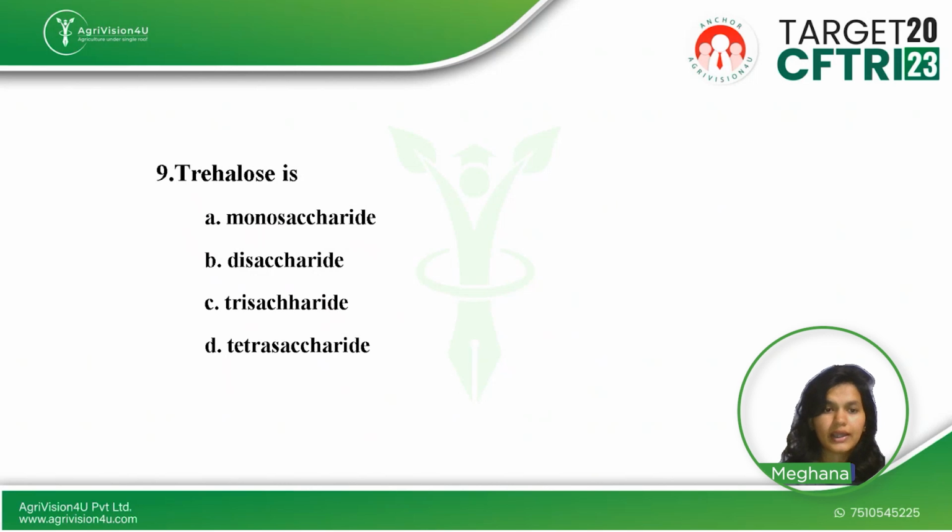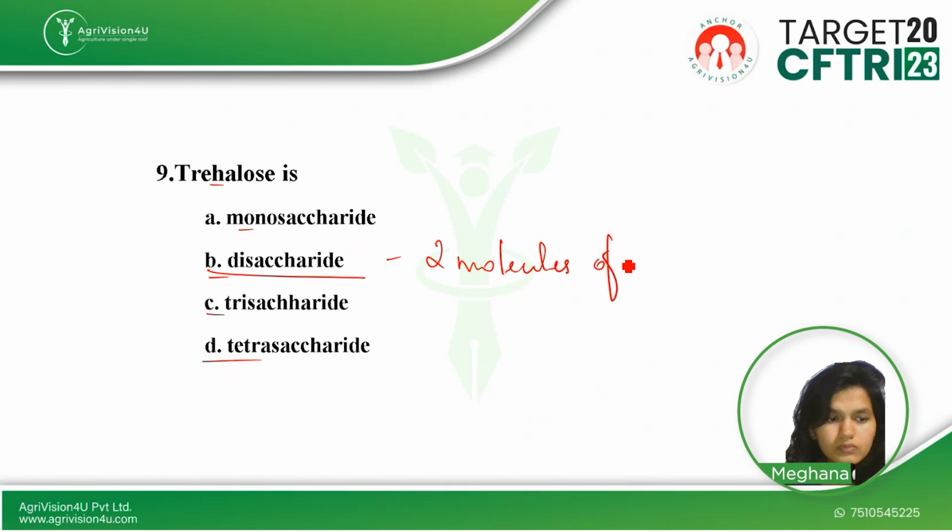Then comes the ninth one: trehalose is option A, monosaccharide, option B, disaccharide, option C, trisaccharide, option D, tetrasaccharide. This trehalose is a disaccharide. It is made of two molecules of glucose.